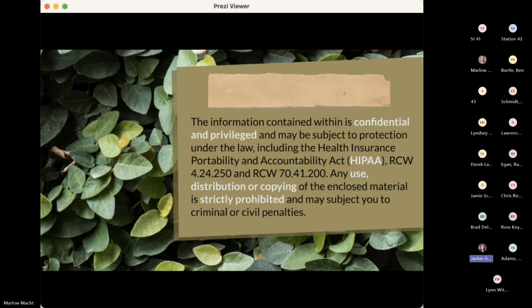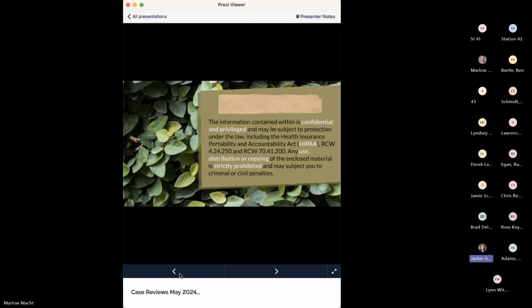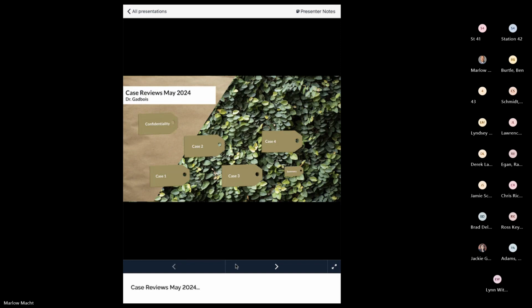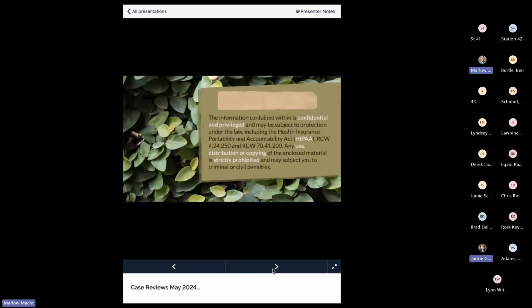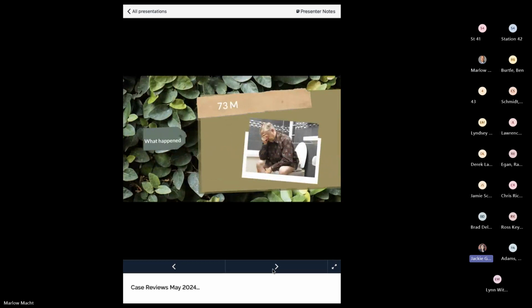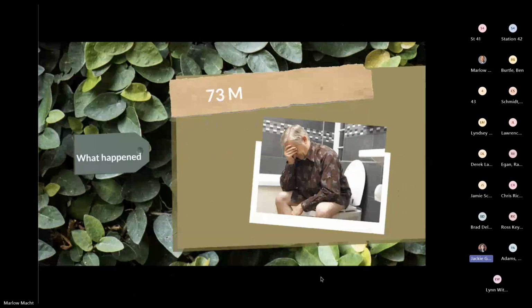Let me see one more time if I can pull mine up. I can do it this way. Okay, and then ready to go forward now. Yeah, and then the expand arrow on the bottom right, none of that stuff should be shown. So there we go.